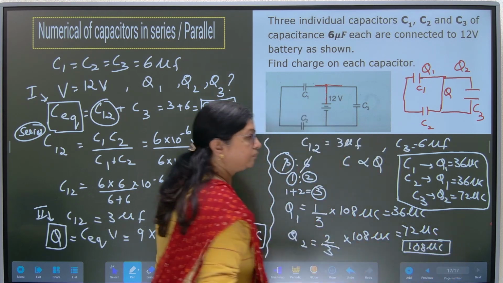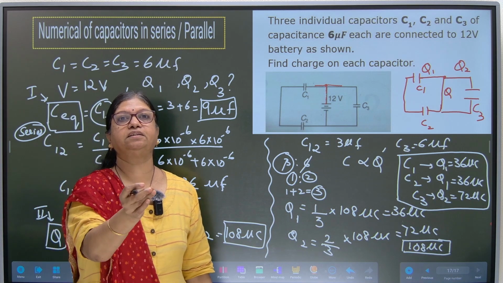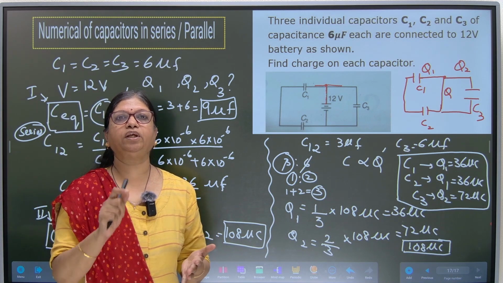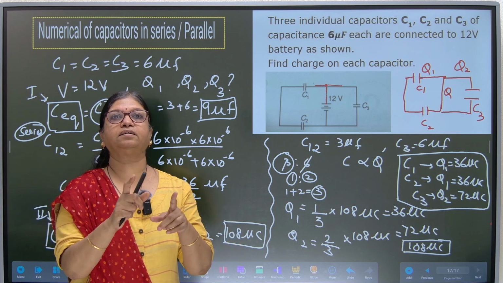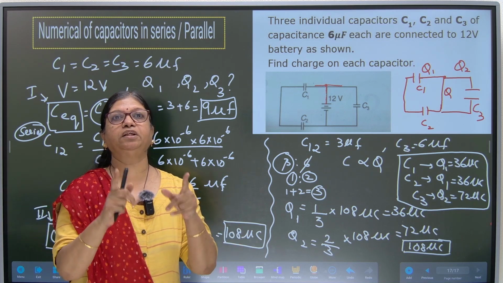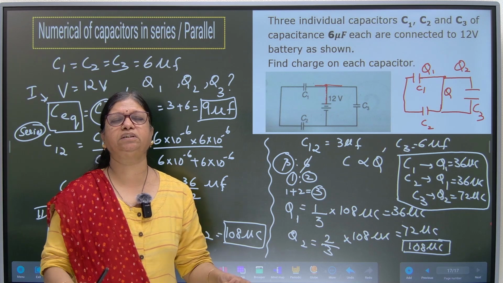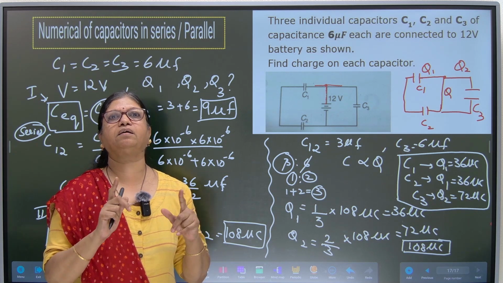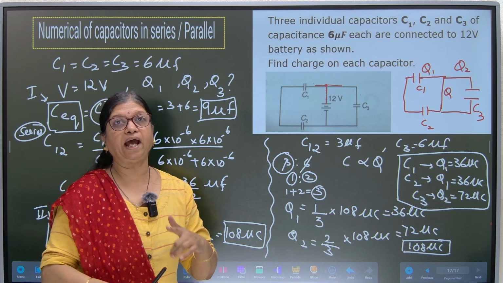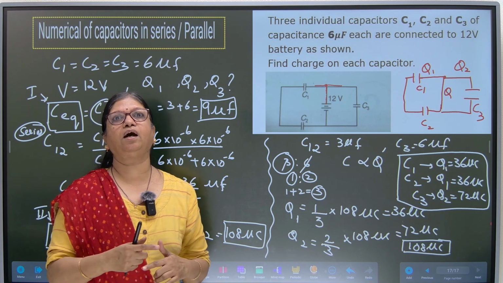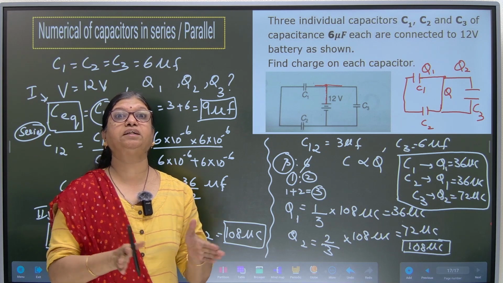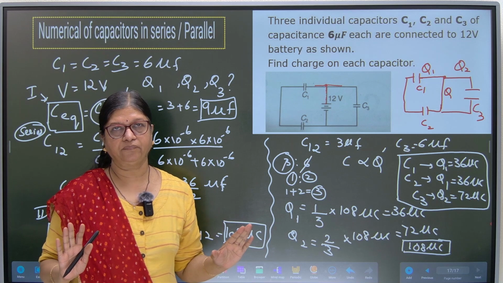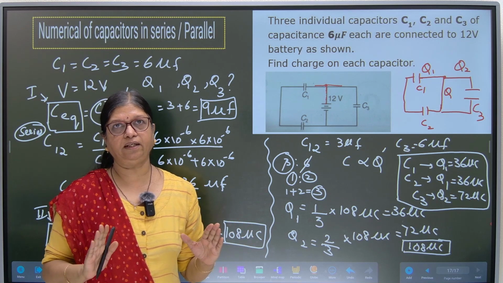This is a faster and easier trick to find out the charge in every capacitor. There are other methods given in textbook solutions. They can also be followed if they are convenient, but I am trying to find out the charges by a faster and easier method for any series and parallel type of circuit.